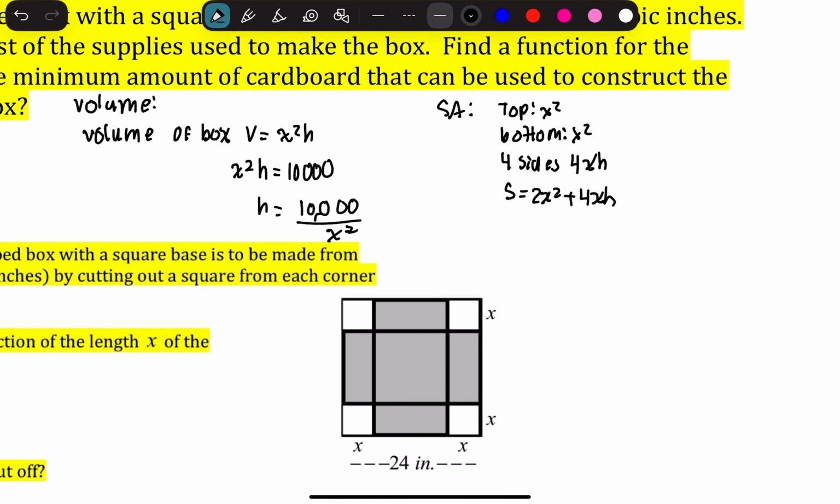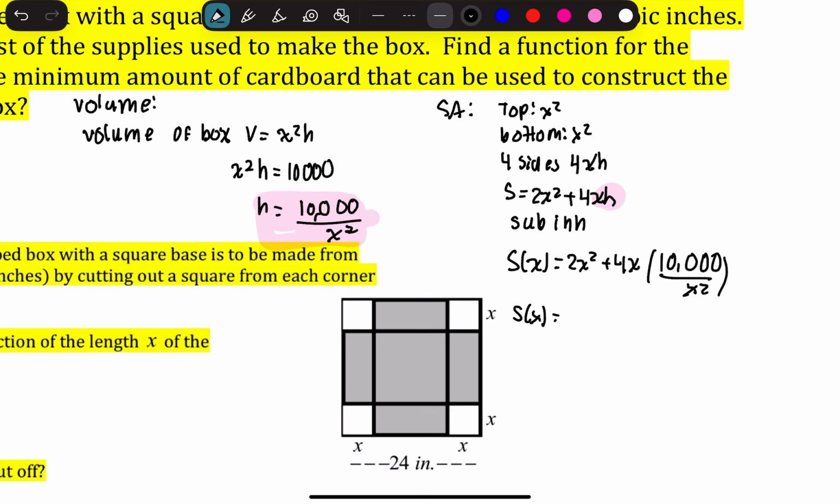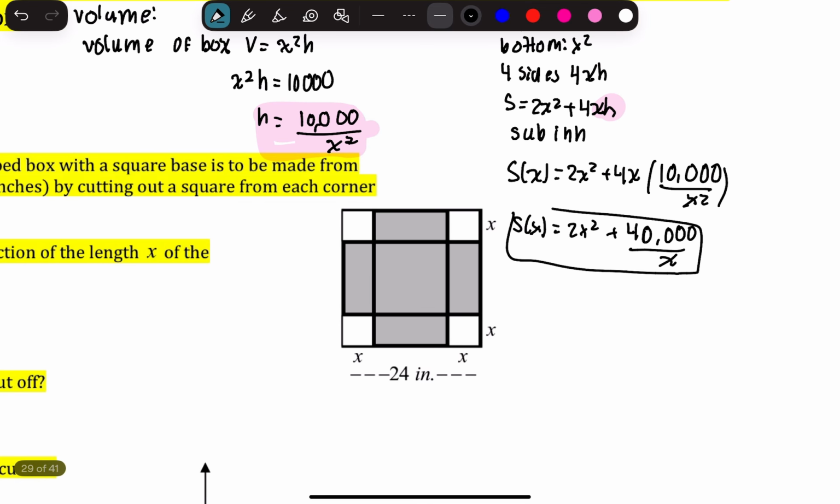Now we want to sub in h. So s of x is equal to 2x squared plus 4x times 10,000 divided by x squared. So then we get s of x is equal to 2x squared plus 40,000 over x. This is going to be the surface area function.